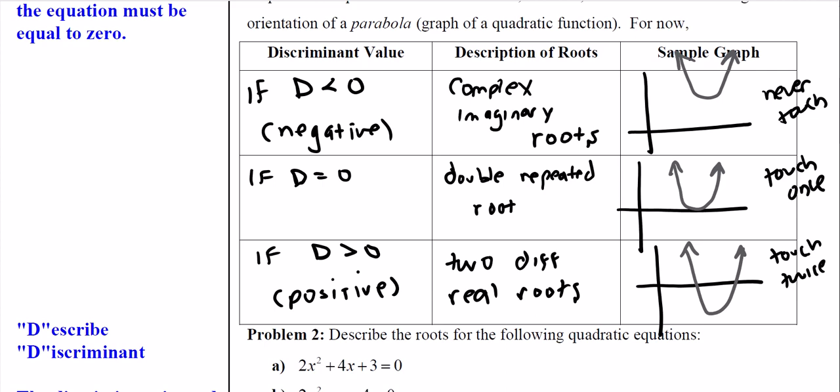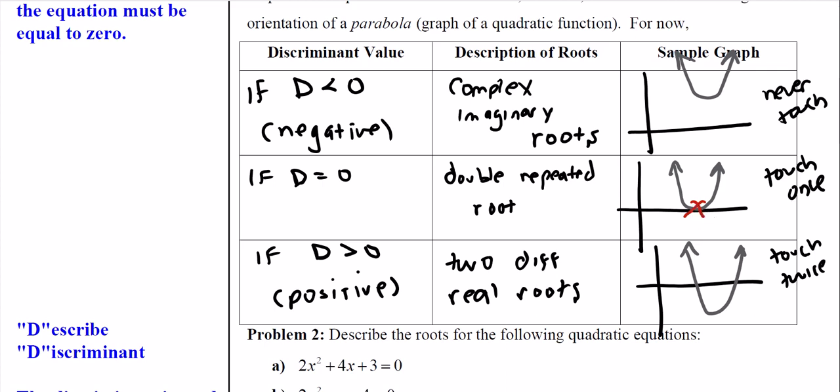We've talked in the past briefly that the graph of a quadratic is called a parabola. You'd remember the football throwing problem. So here we have 3 parabolas, graphs of a quadratic. If the discriminant is negative and the roots are complex imaginary, it never touches the x-axis. If it's a double repeated root, it touches it at exactly one point right here, and that's a repeat.